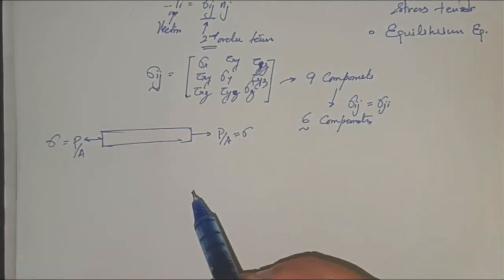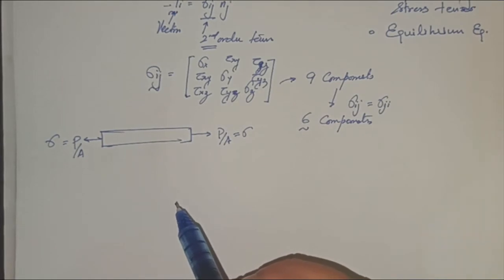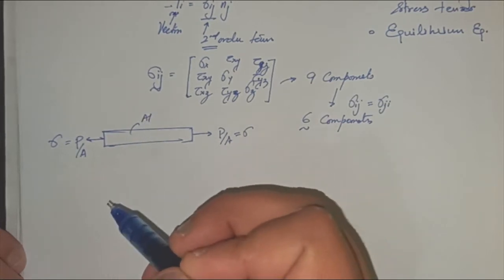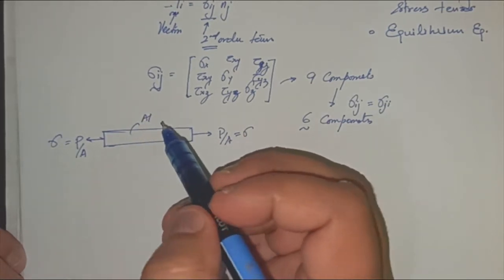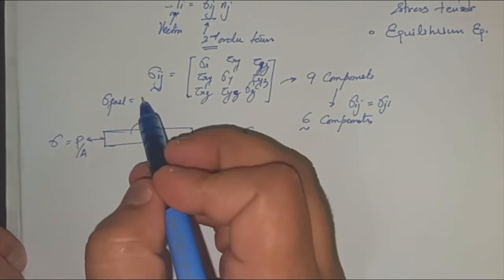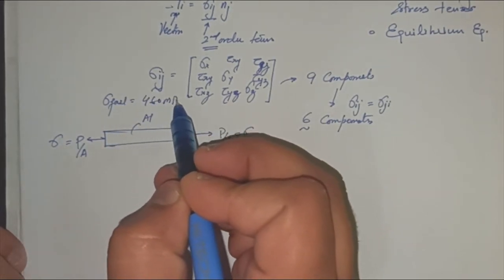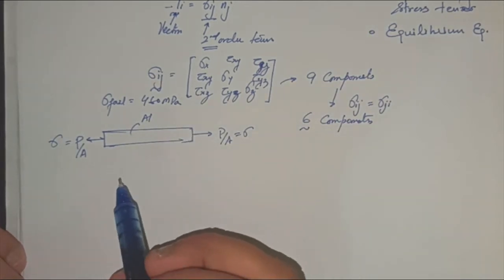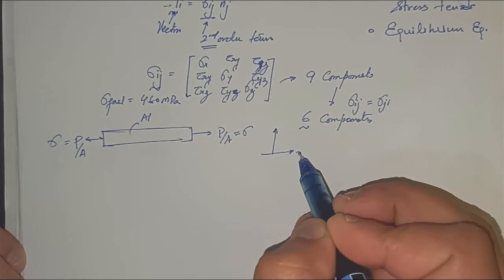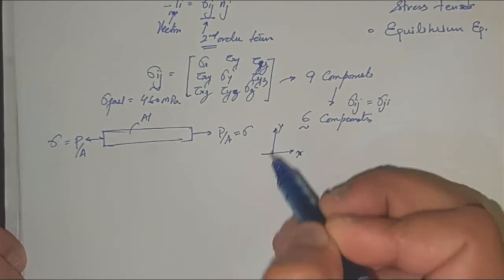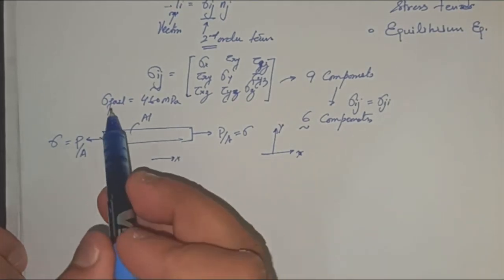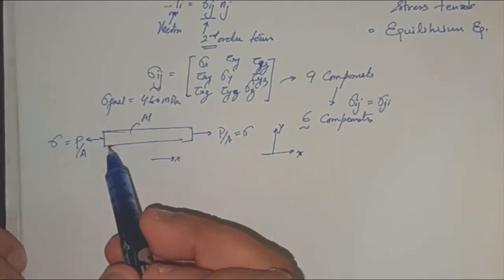If such loading is applied, and this is, for example, a material like aluminium, and I know the failure stress for aluminium is 460 MPa, and I represent the axial direction as X and the non-axial as Y, so this will be an axial loading in X. So I know that the failure stress is 460 MPa.